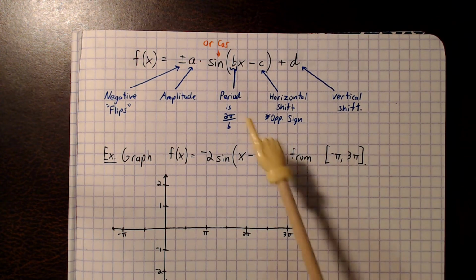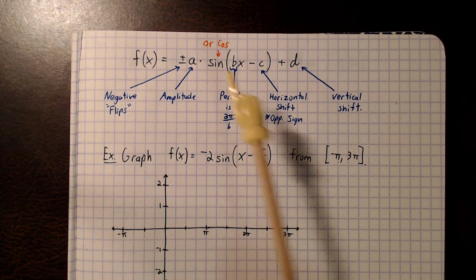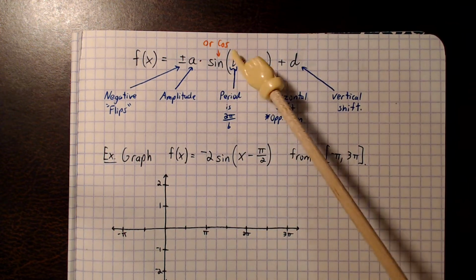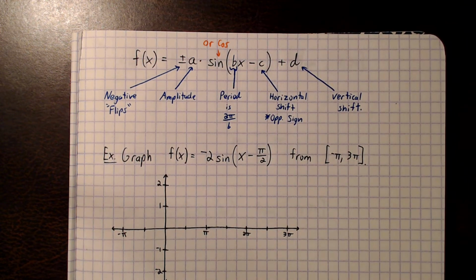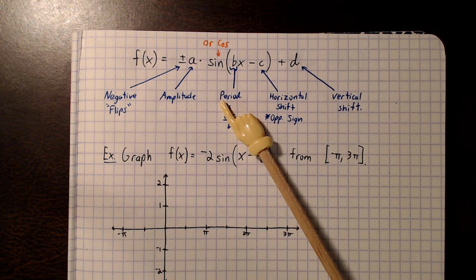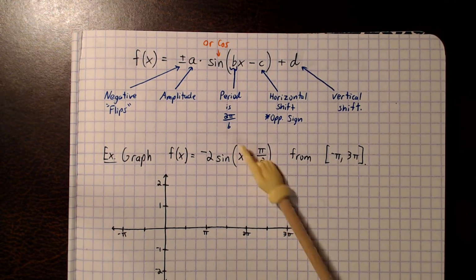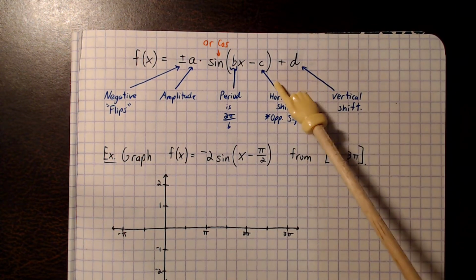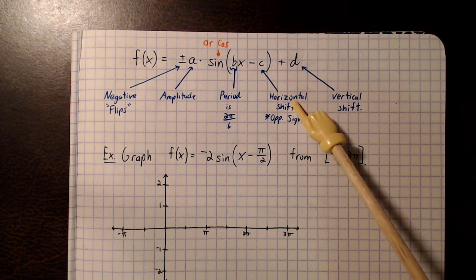Okay, then we have the actual function. Right now we're working with sine and cosine. And depending on which one we're working with, we have specific starting points that we've got to keep in mind. Okay, and then you have this b value. This is where our function will get either wider or stretched out, or compressed, and it will look really spring-like. And you have your shifts.